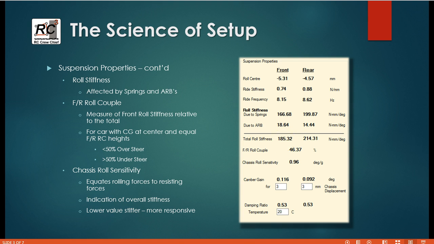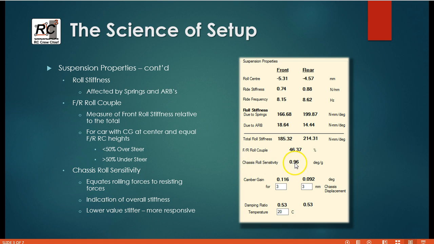If the roll couple is less than 50%, that means that the front is softer than the rear, and you're going to have a handling tendency towards oversteer, or loose, as it's sometimes called. If that value is greater than 50%, then you are going to have a handling tendency that is going to be towards understeer or push.